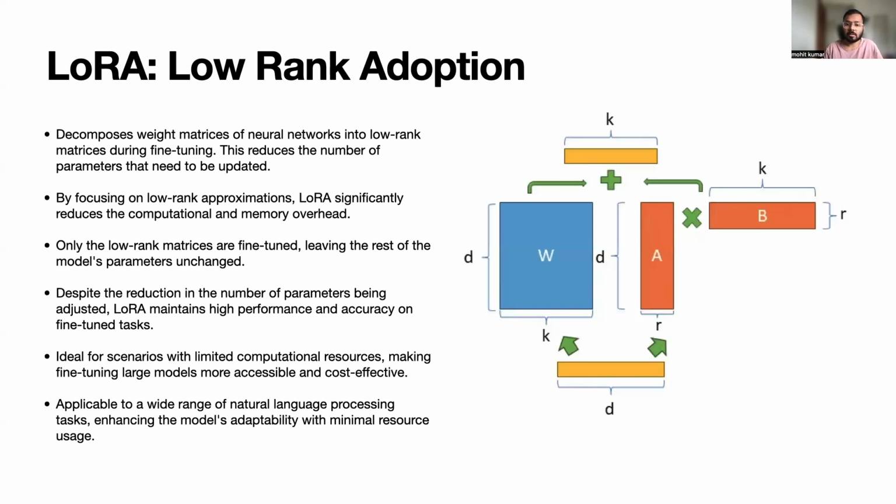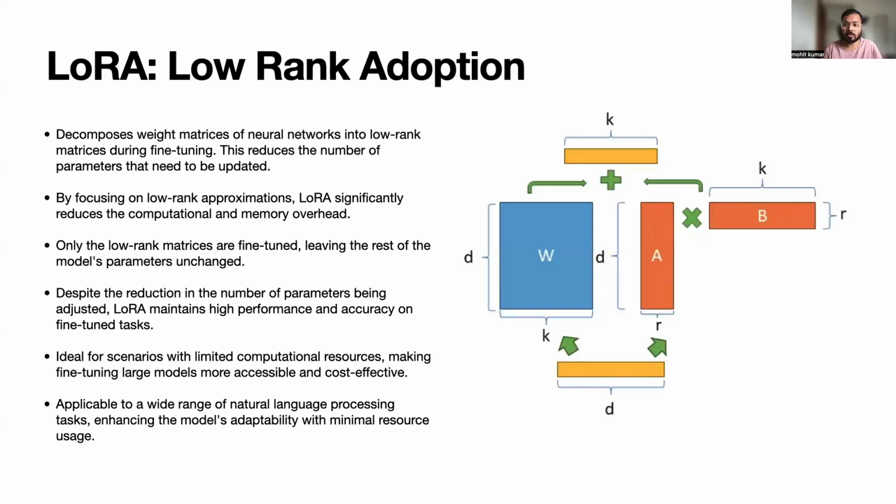Since we represent this whole d cross k matrix using the multiplication of these low rank matrices, the number of trainable parameters reduces to d cross r plus r cross k. Now, if r is small, this is much less than d cross k. This obviously leads to a reduction in the tunable parameters.